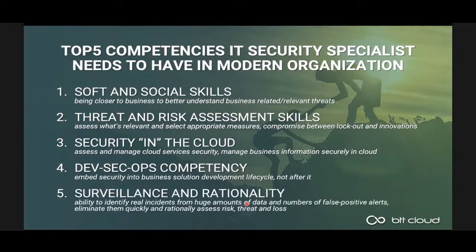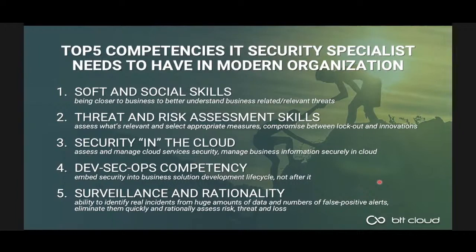And the fifth is about surveillance and rationality. You need to be able to gather and assess huge amounts of data, huge amounts of false positive alerts, because the more places there are in your organization, the more false positives you will see, and the more data you will need to handle.